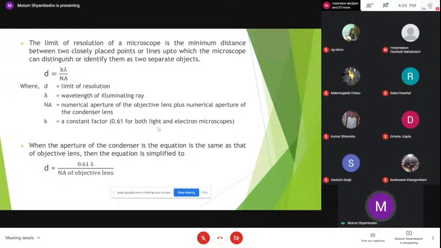Means it is not the objective lens plus that of the condenser lens. It becomes only the numerical aperture of the objective lens.